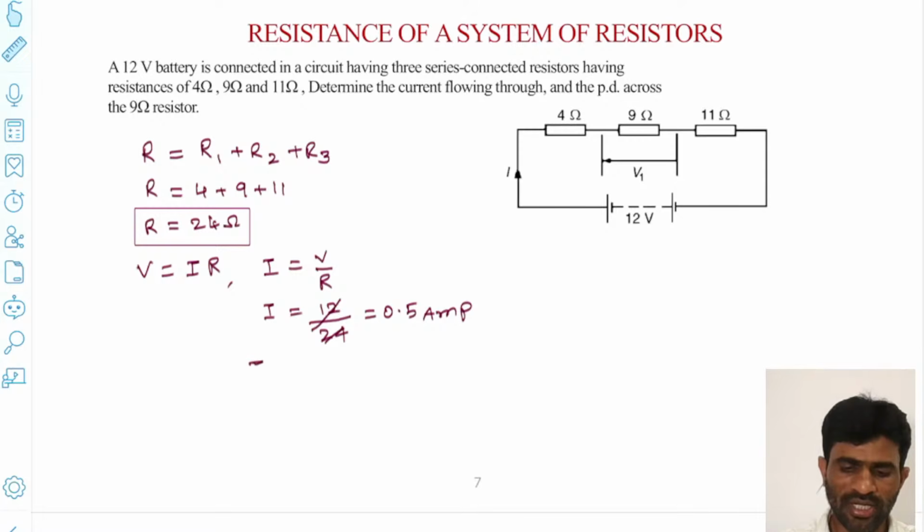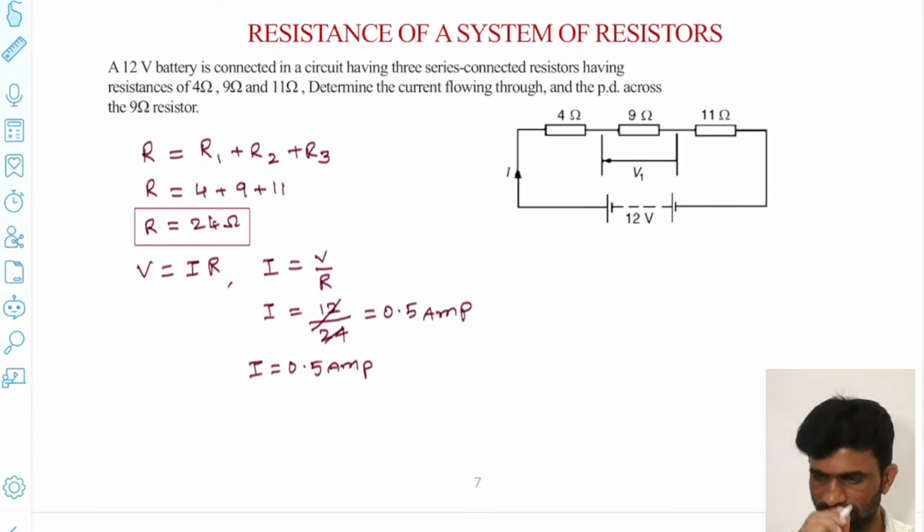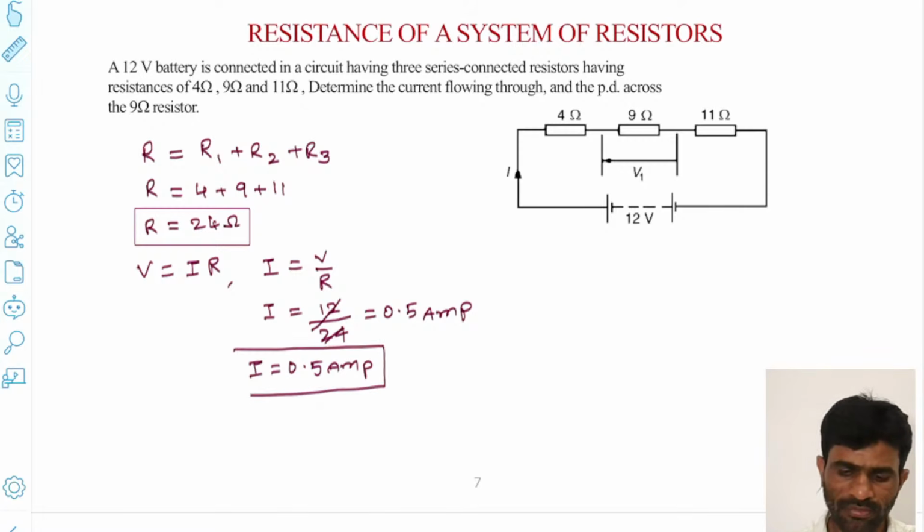So we got the total current. Total current is 0.5 amperes. Hope you understood this.